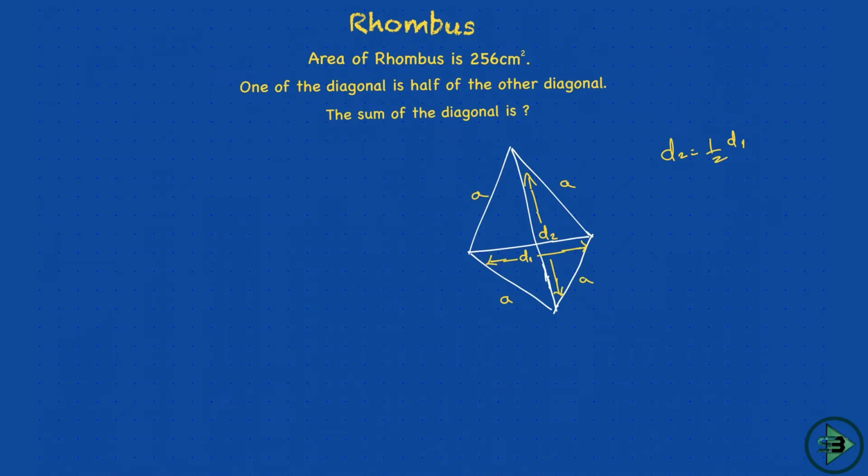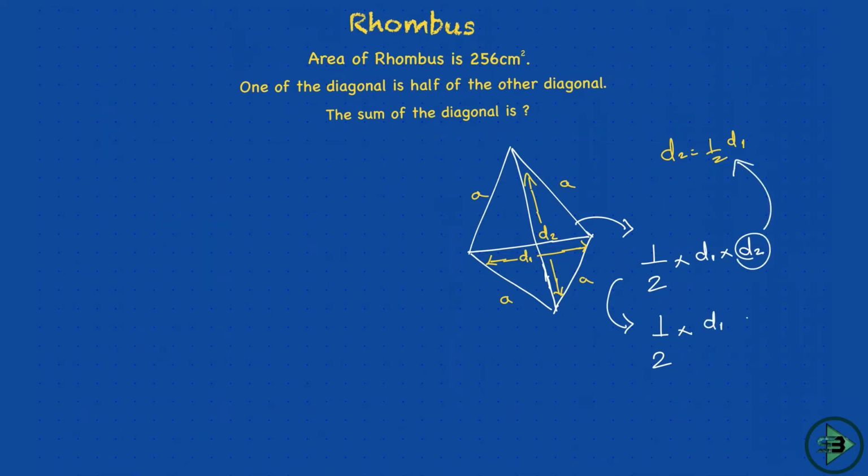Now the area of this rhombus will be equal to half into d1 into d2. Instead of d2 I will write half of d1.